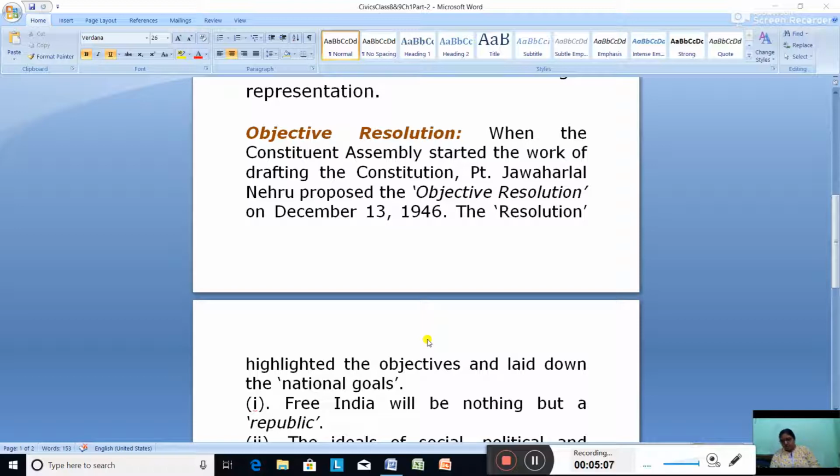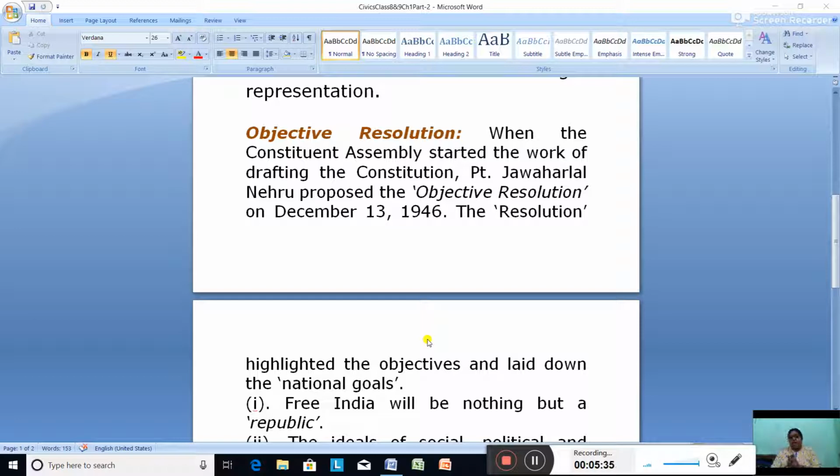This legal sanction enabled the Constituent Assembly to function after independence. The assembly became a sovereign body. You know very well the meaning of sovereign: an independent body. Now it was no more under any British rule.